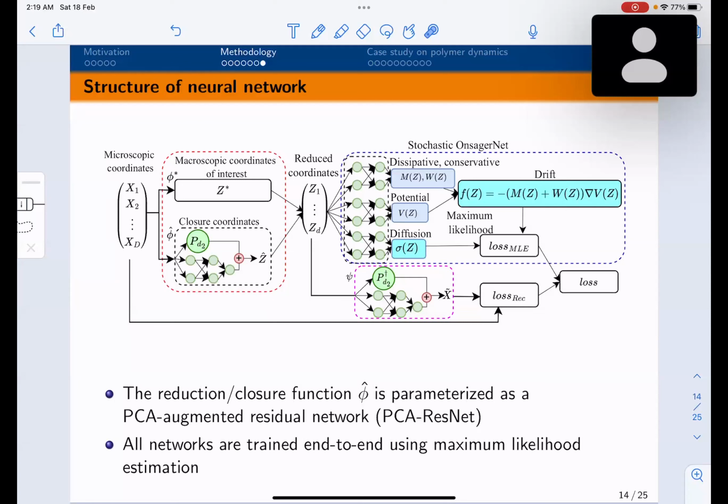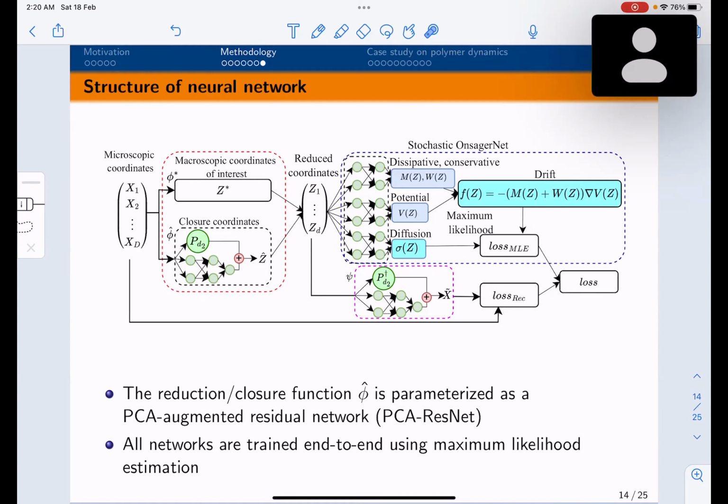Then maybe we can see the structure of the neural network. This is the high dimension observation data, and this is the known part, because we are interested in the microscopic coordinates. This one is our learned part, the closure coordinates part. This is the ResNet, and then we get the reduced coordinates here.